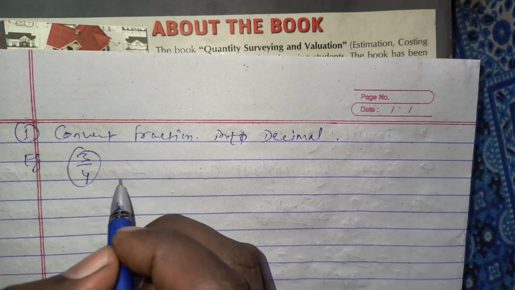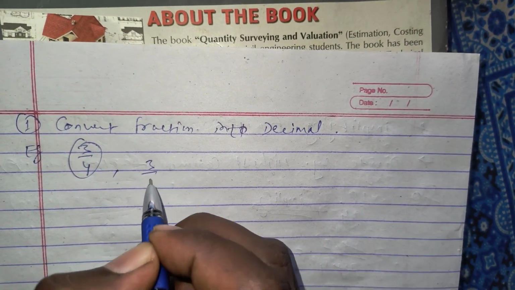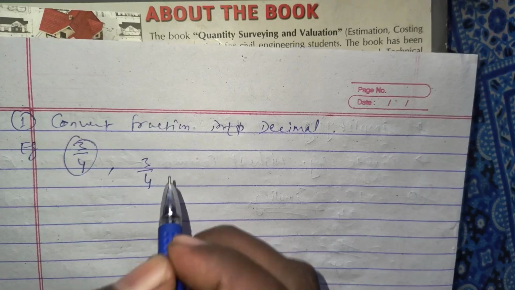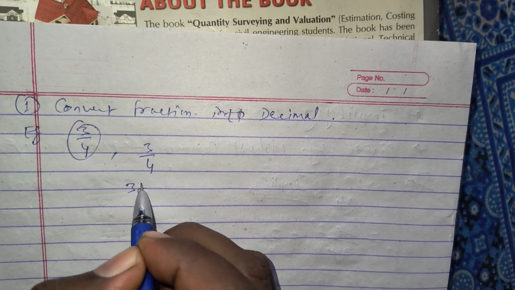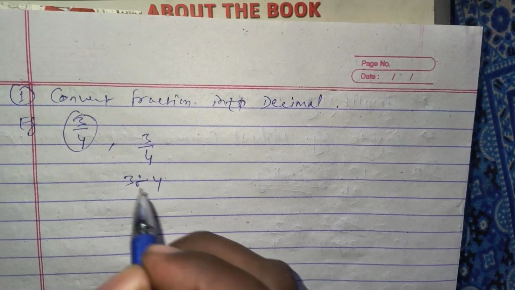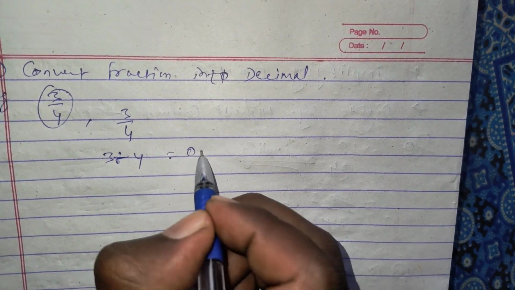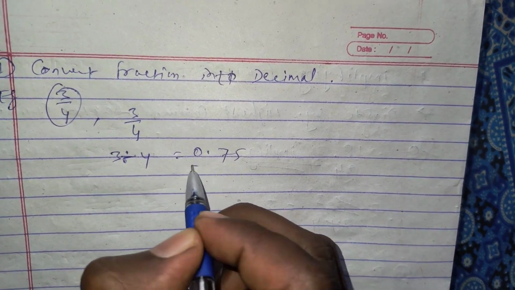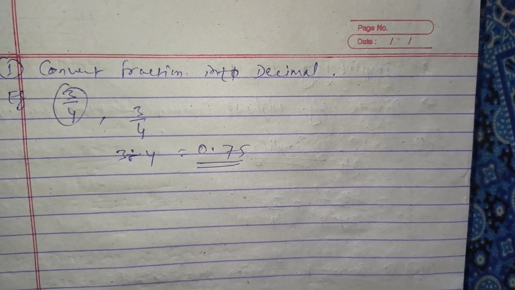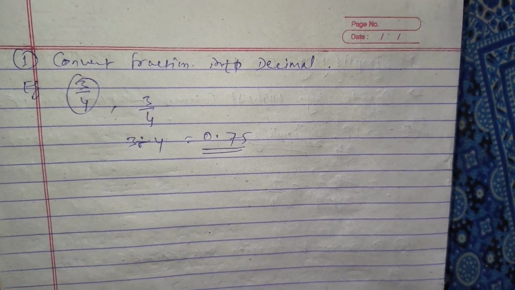We just do 3 divided by 4. Just divide, right? So it will be 75. In this way we can convert a given fraction into decimal, that is 0.75, right?